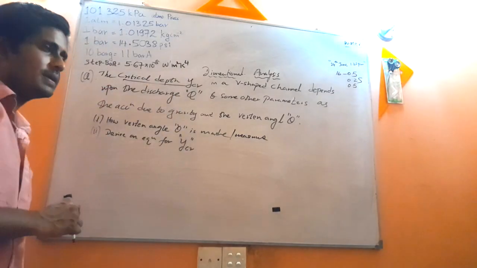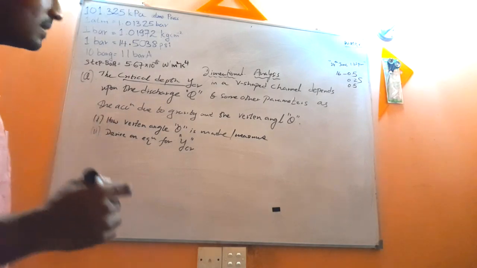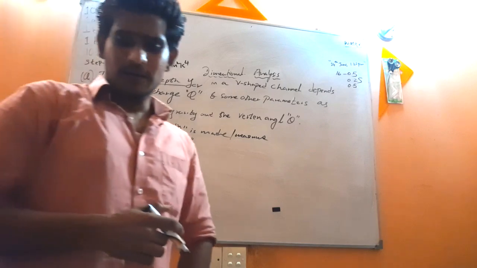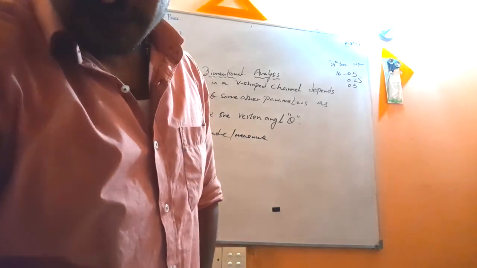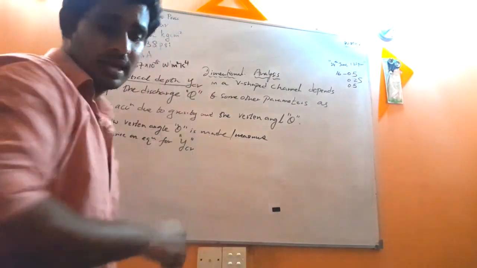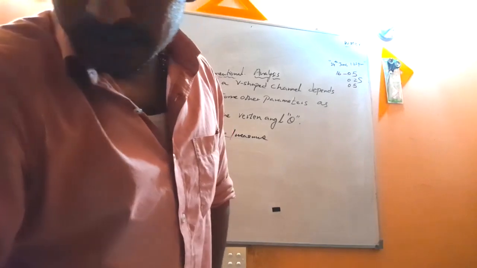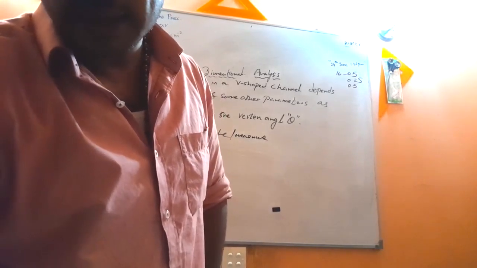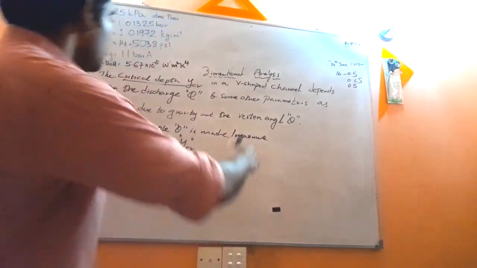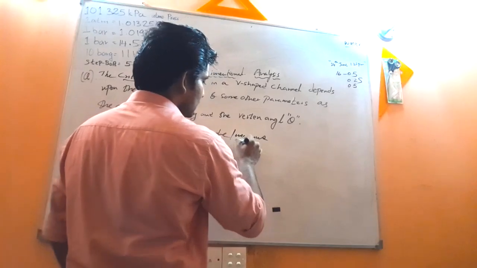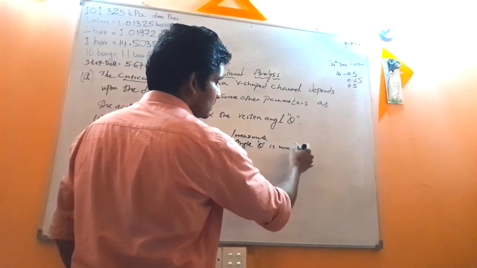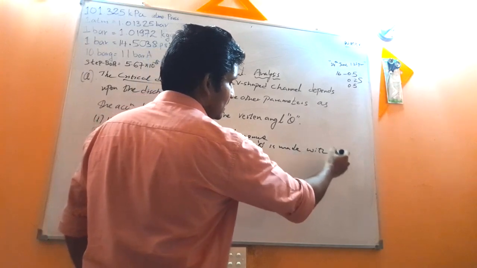Before that, we have to go to the first question: how is the angle made? The answer is very simple. The angle theta is made by the two side walls of the channel.